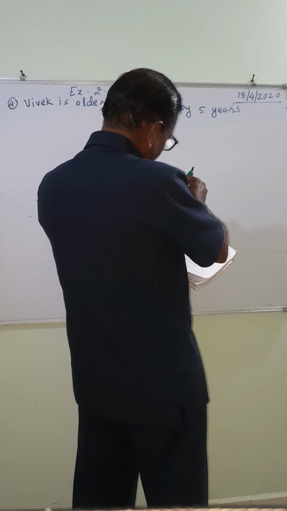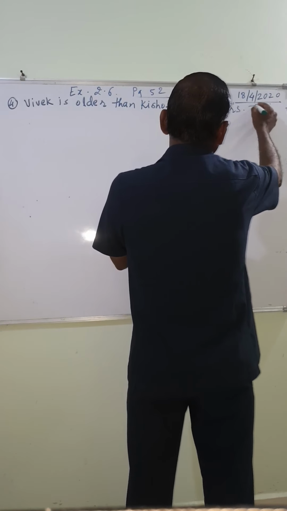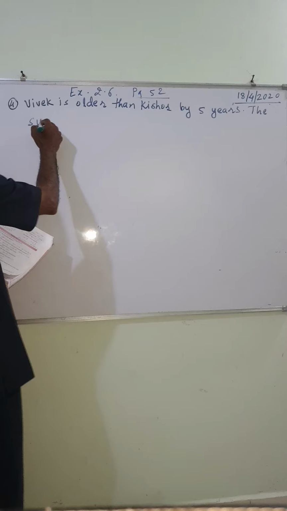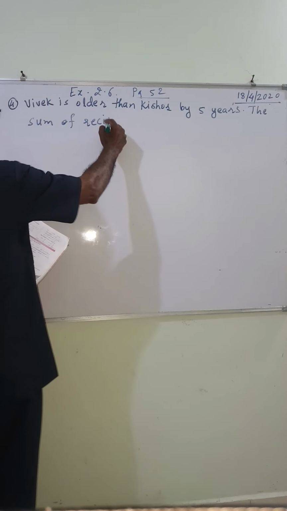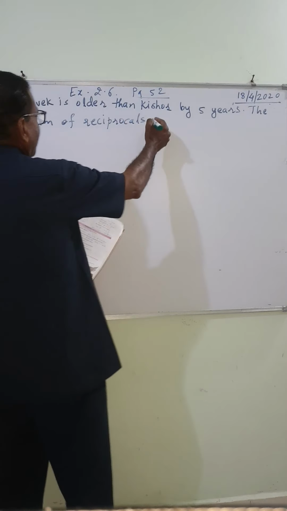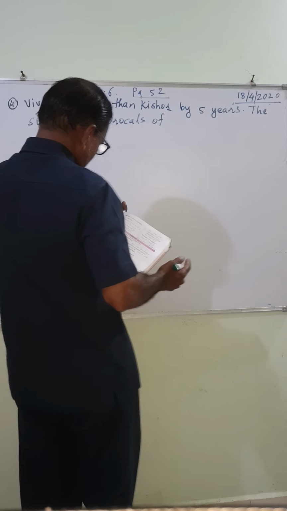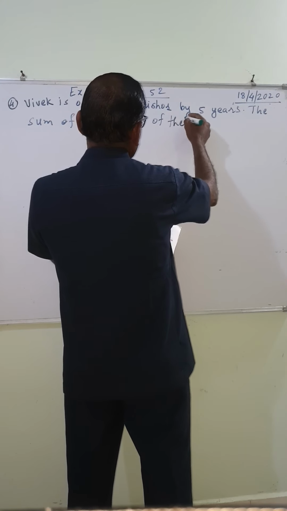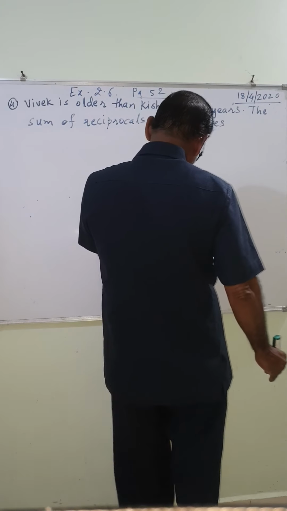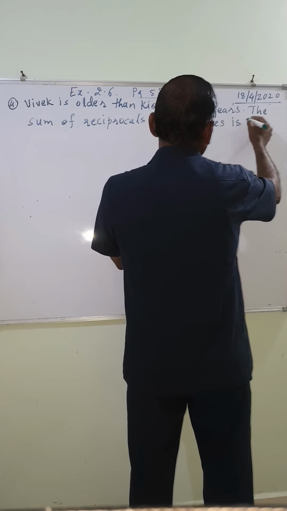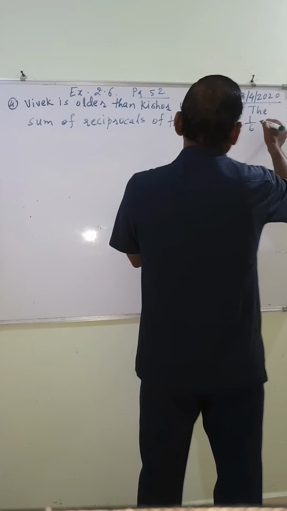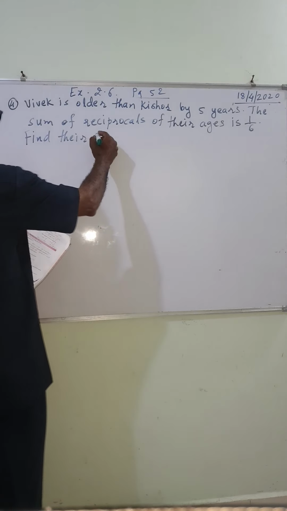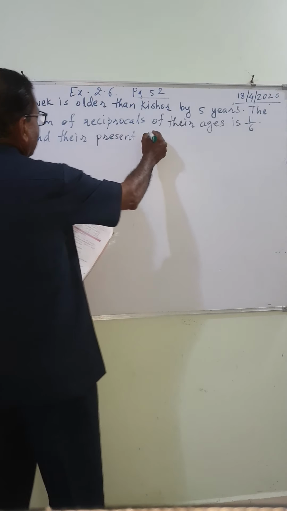And the sum of reciprocals of their ages is 1/6. Find their present ages.